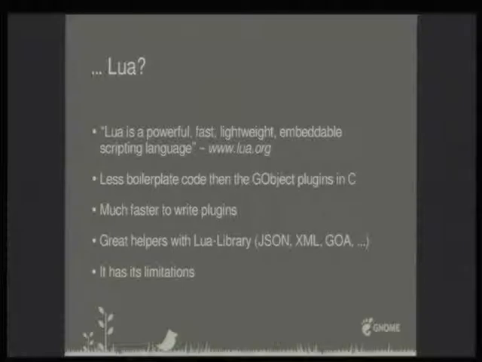Definitely the goal was having less boilerplate than the object plugins in C, and making writing plugins more fun and faster. We have some helpers from the Lua library that is part of the Lua Factory plugin. So we don't need to parse JSON or XML in Lua like we need to in C. There's no way. In Lua, we just get this from a string and it creates a table for you.